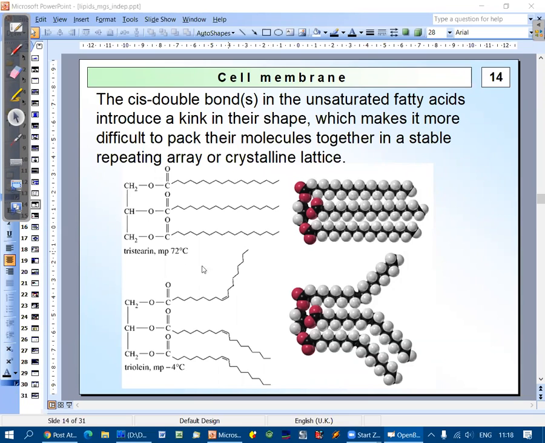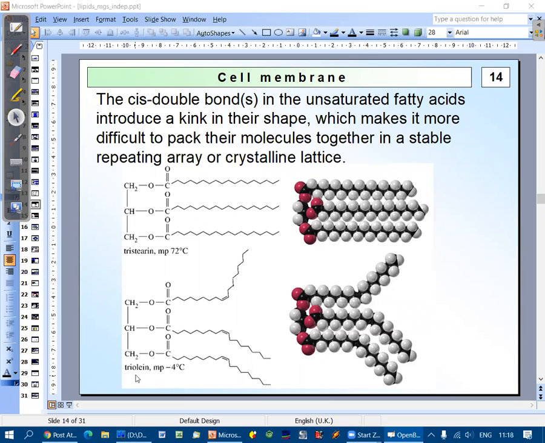If you compare the melting points of these two glycerolipids, tristearin contains three residues of stearic acid, and it's saturated and straight and can be tightly packed in the crystal.